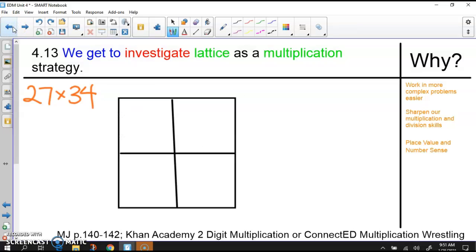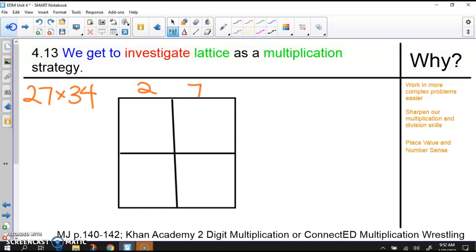With partition rectangles, you're still going to pull the numbers apart, but rather than saying 20 and 7, you're just going to say 27. You're just going to write the number here. And the reason you're just going to do it that way is because it's already going to be set up for place value.